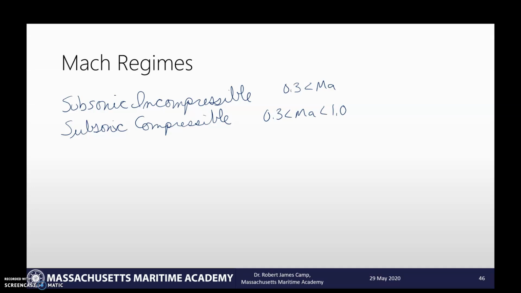Now, once again, the Reynolds number is very important in this regime. Mach number is kind of important in this regime just basically because we're locked in between 0.3 and 1. And then the last regime is the supersonic, and this is where we are above Mach 1.